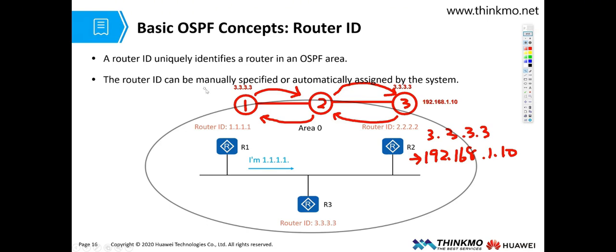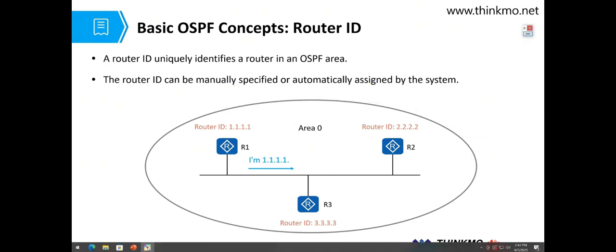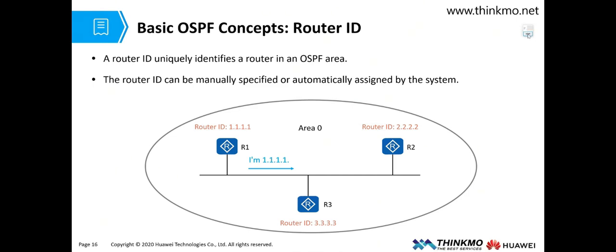Therefore, in this context, our router IDs must not conflict. And if two devices are to establish an OSPF neighbor relationship, their router IDs must not be duplicated. If they are duplicated, it will not be possible to establish a connection. So if I don't configure the router ID, will it still exist?